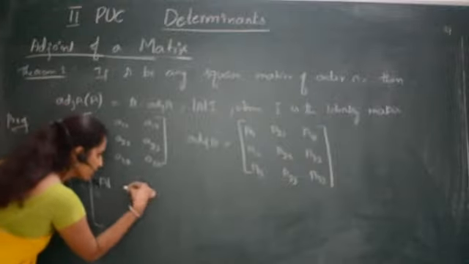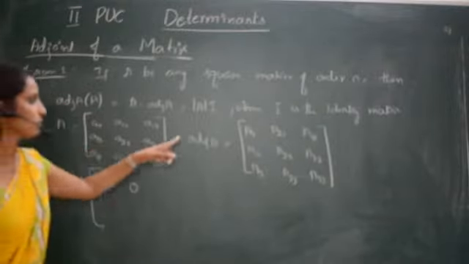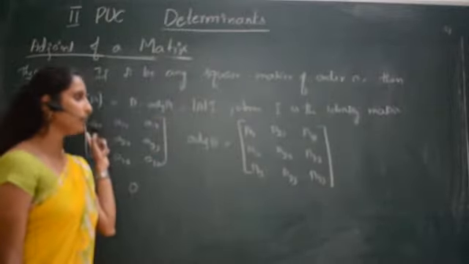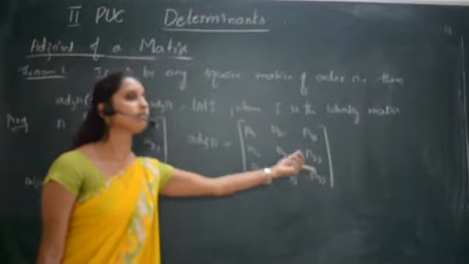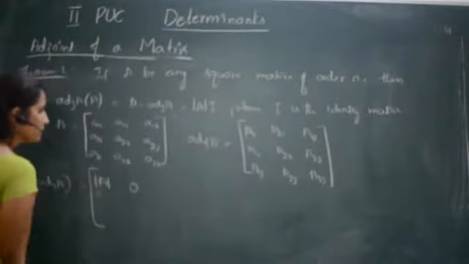So this element is 0. Similarly, first row and third column, again the elements are multiplied with the cofactors of another row, so this will be 0.